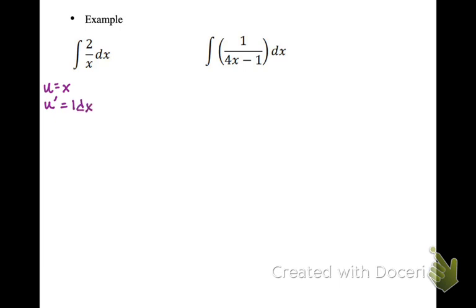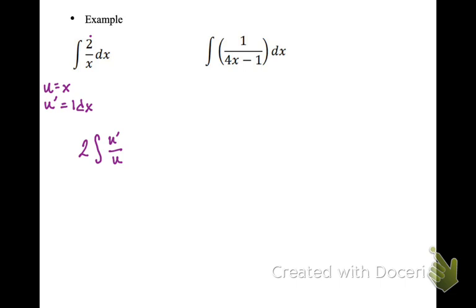Okay, so we have x, but we have a 2, so how would you make a 1 a 2? You make a 1 a 2 by multiplying the 1 by 2. So we could write this as 2 times the integral of u prime over u.